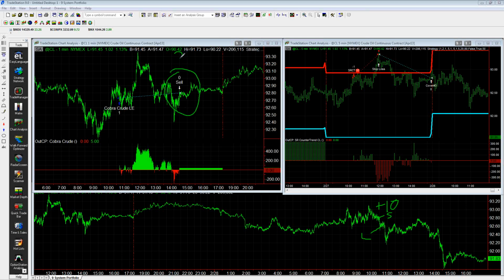This is trade number 3. You sell it, so then you're going short at the 92.80 area. The price is different now because of the rollover. I think that's what's going on.